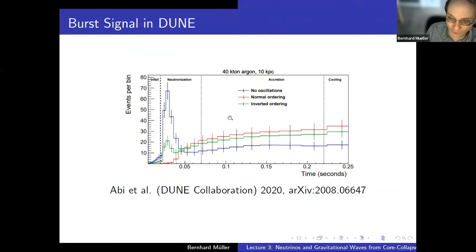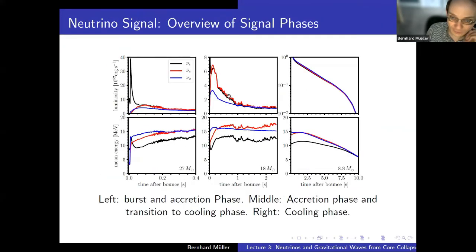Now you'll see also, if you look at the relative difference of the electron neutrinos and electron antineutrinos, their luminosities are quite similar. That might surprise you a bit, because you'd expect that the proto-neutron star is still more proton rich than the final neutron star, so overall it has to get rid of lepton number via electron antineutrinos.